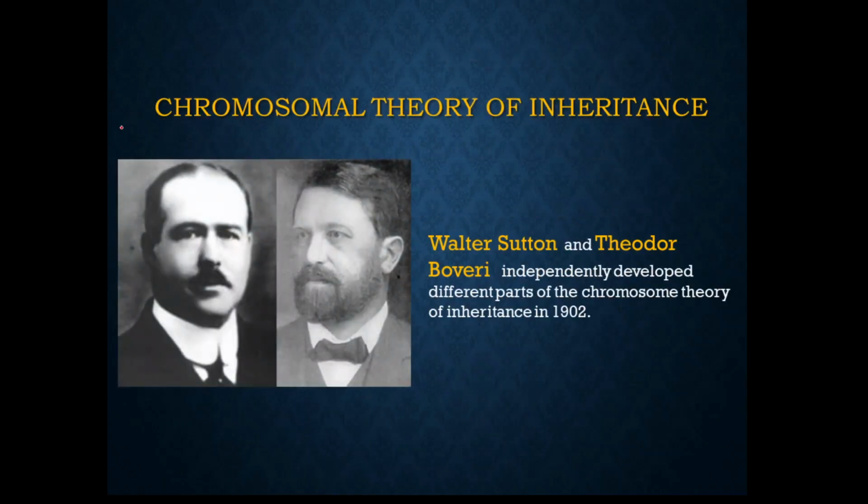Meanwhile, in 1902, Walter Sutton and Theodore Boveri, these two scientists, were working independently. When we say independently, they were not working together, they were working without knowing each other. But their work was going along the same parallel lines, and they developed the chromosome theory of inheritance, which means that chromosomes are responsible for inheritance.